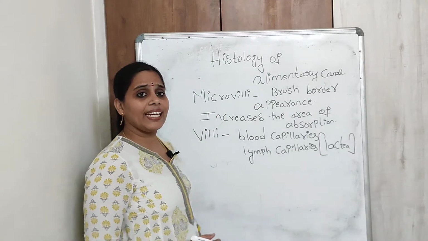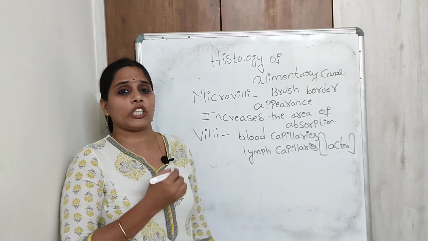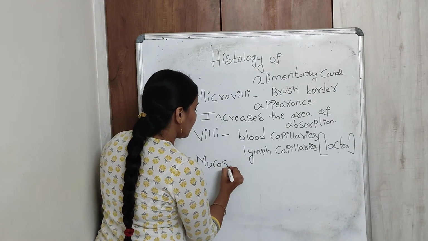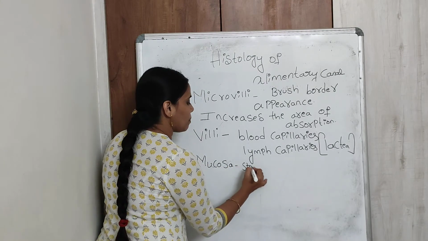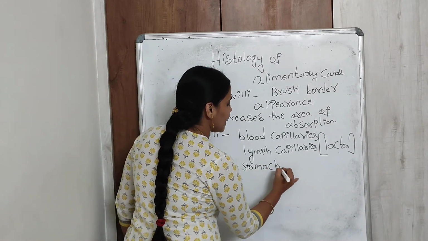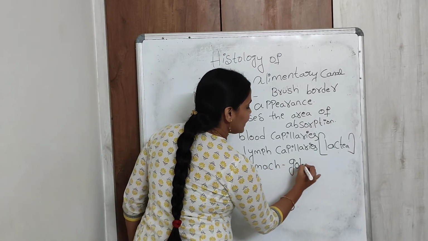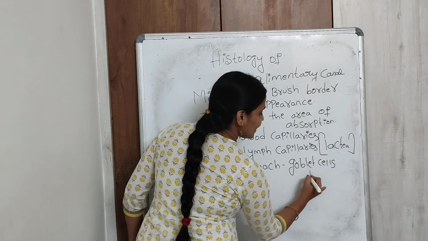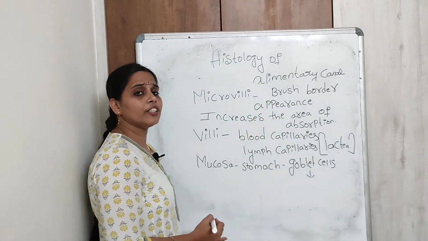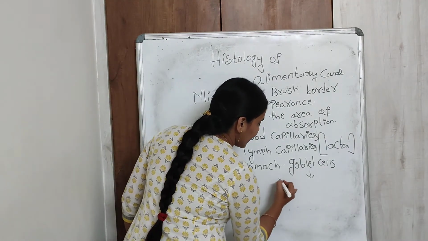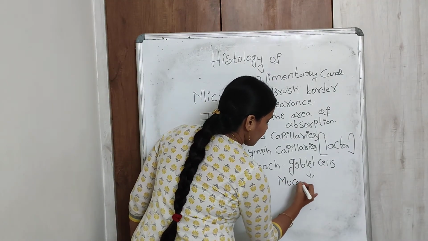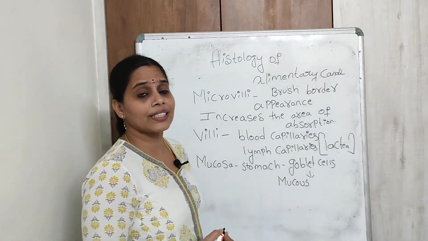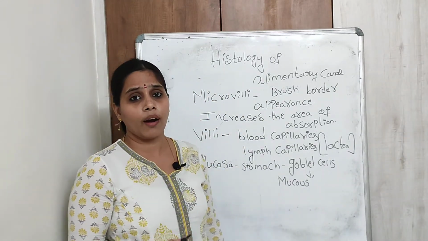Now, the mucosa inside the stomach has special cells, children, called goblet cells. And what is the significance of these cells? They will secrete mucus, because inside the stomach hydrochloric acid is liberated, which is a very strong acid.